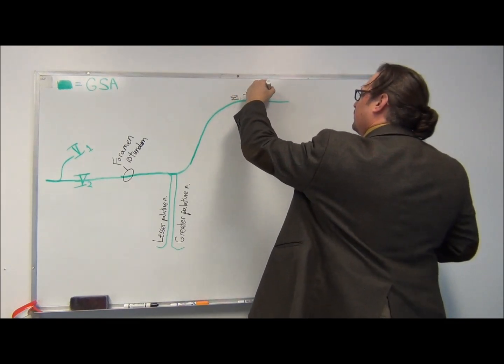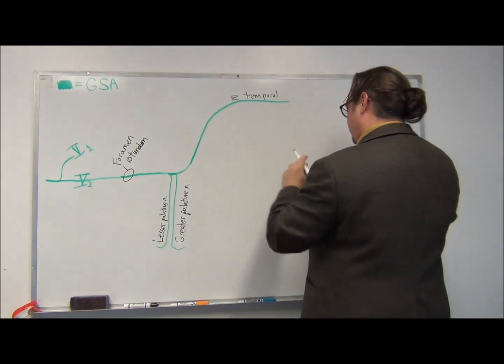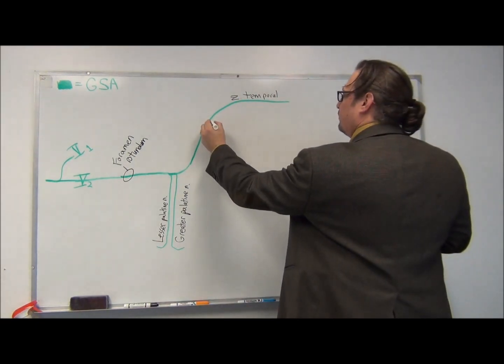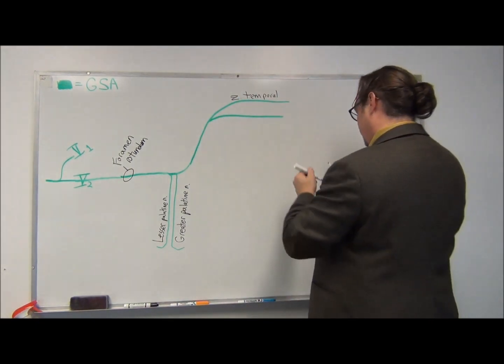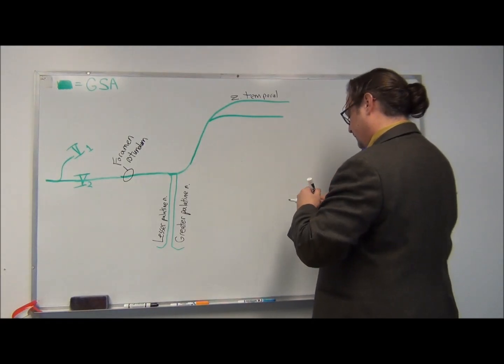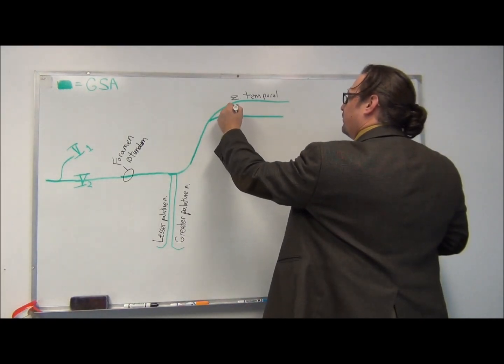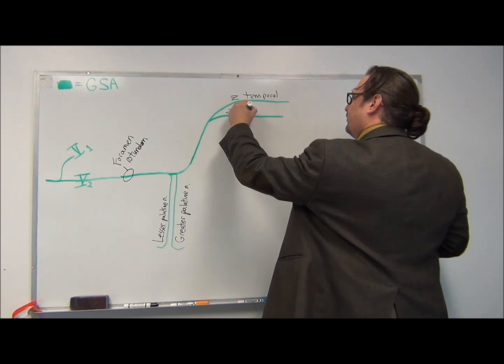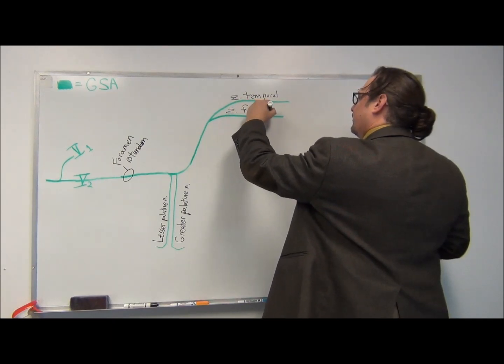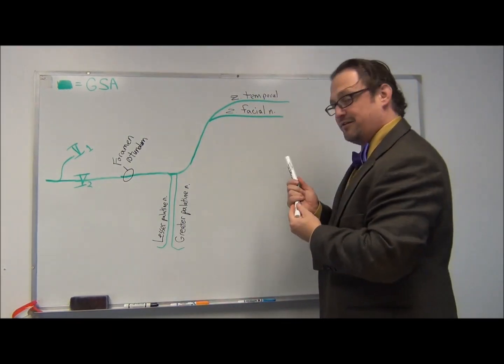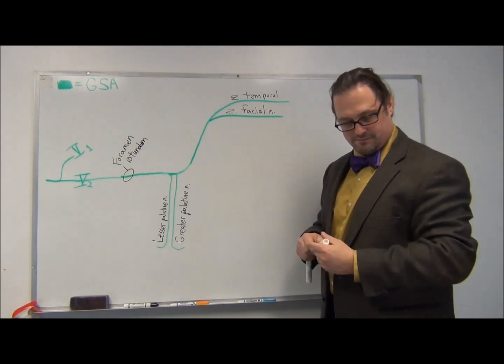And the one that's just a little bit inferior to it and traveling through a little hole nearby is the zygomatico-facial nerve. These are both purely sensory to the outside area right around here.